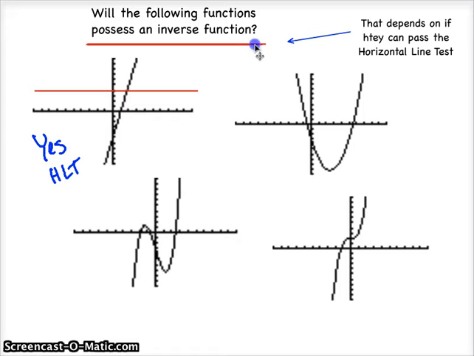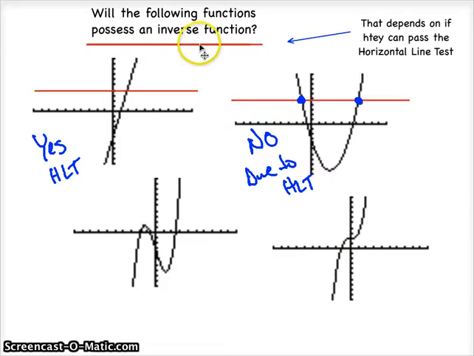As we just looked at, parabolas, on the other hand, will not. They're going to cross in two different spots, so no, due to, again, the horizontal line test. Both of the functions at the bottom are cubic functions. We've studied those before.